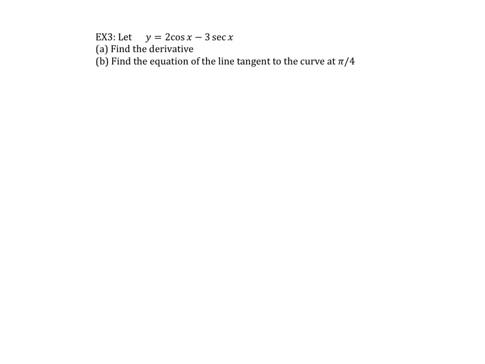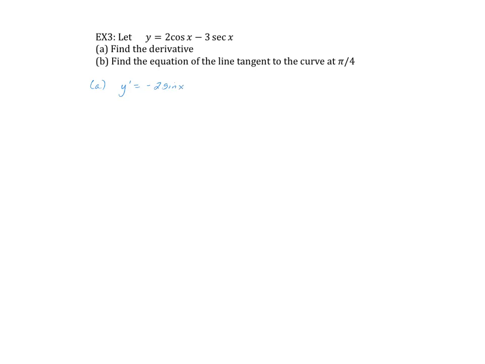In example 3, I have y is equal to 2 times cosine of x minus 3 times secant of x. Part A, we want to find the derivative. And the derivative is equal to, the derivative of cosine is negative sine, so this becomes a minus 2 times sine of x.